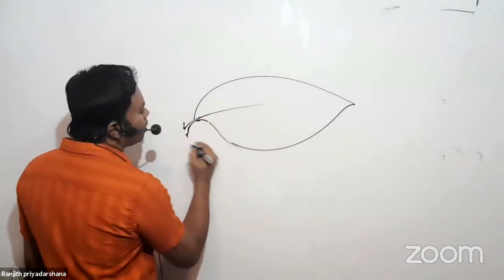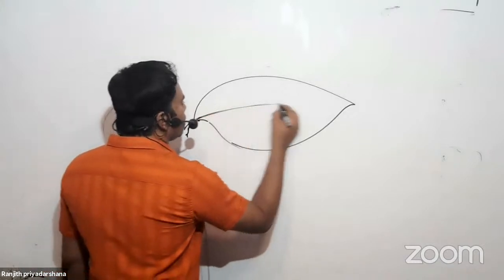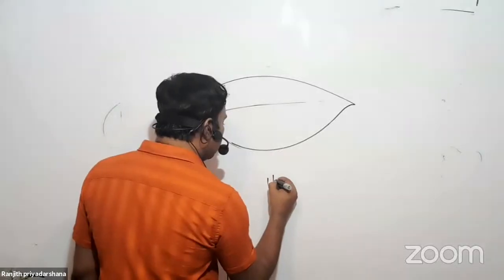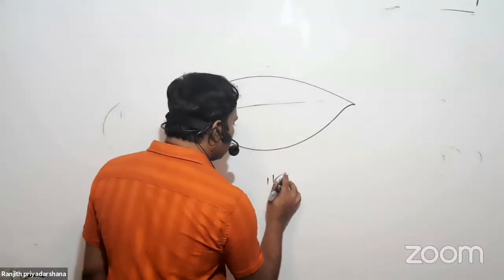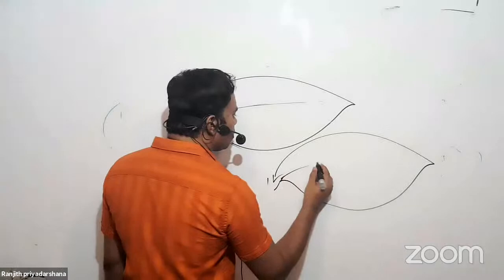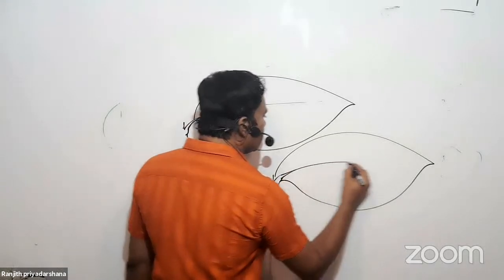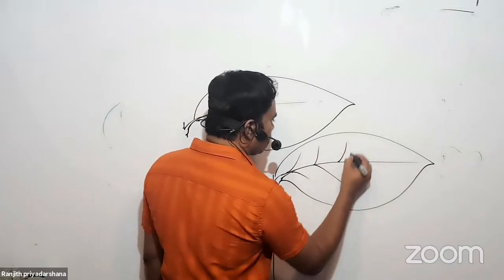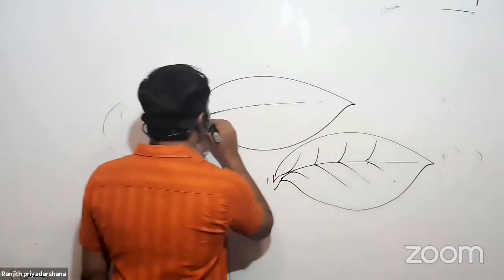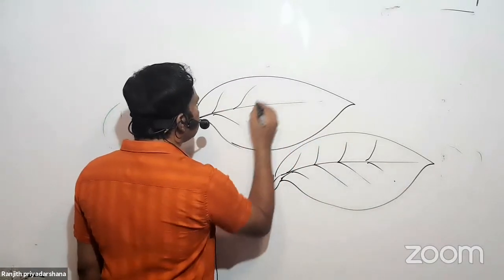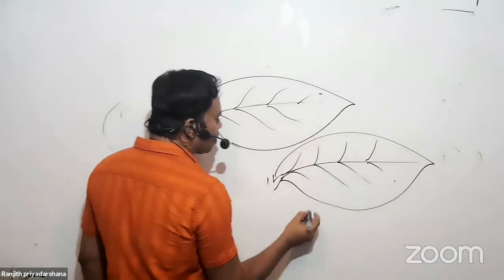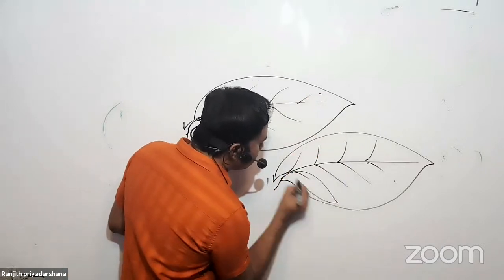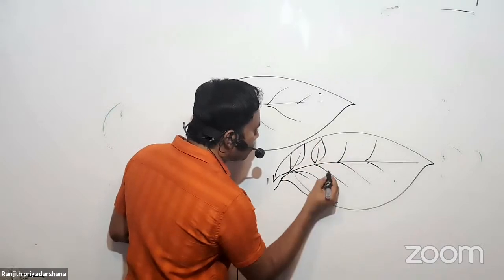So this is a simple leaf. But in the case of this compound leaf, you can see it like this. This is the leaf blade, and it has a midrib and veins. You can see this reticulate venation. But here, instead, it is divided into leaflets.